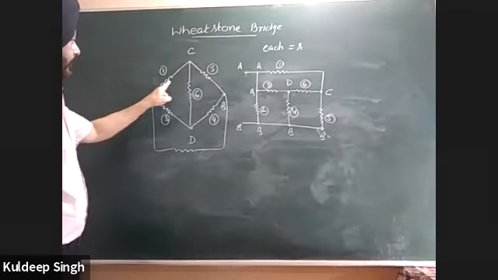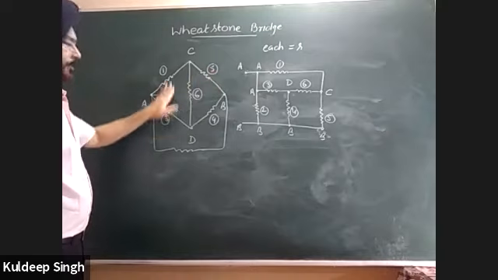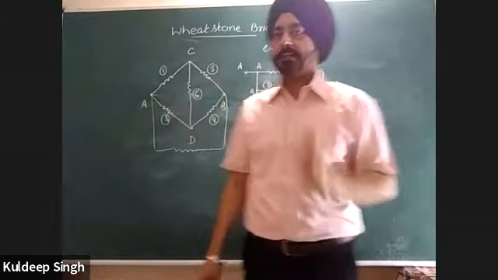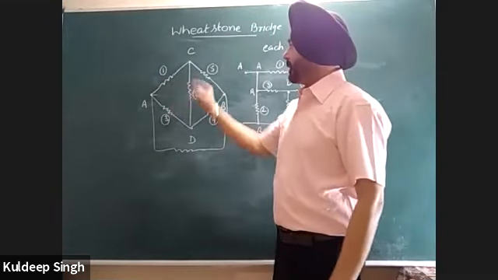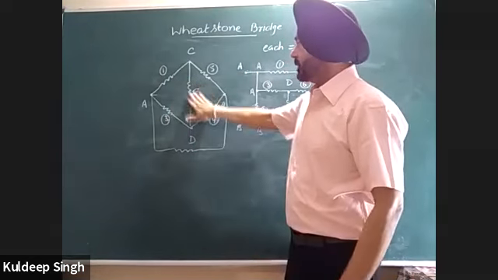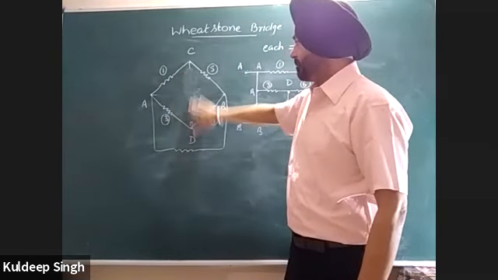Now here, this is the Wheatstone bridge. Every resistance is R, therefore R by R equal to R by R, it is balanced. So I can remove this resistance.